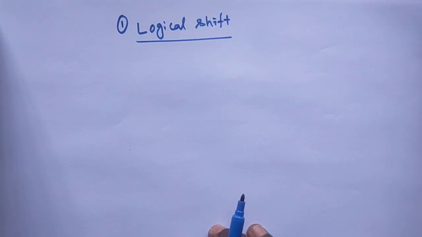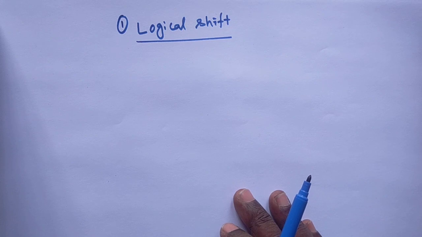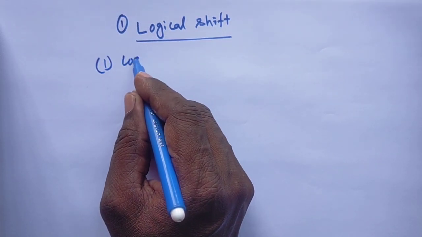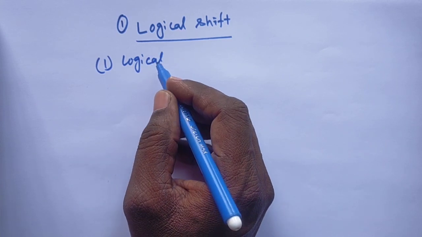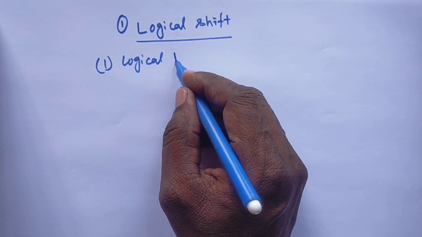I have already told you, if we go through logical shift micro operation, then we will take two ways: one is left to right or right to left. That means two cases we will consider: logical left shift.